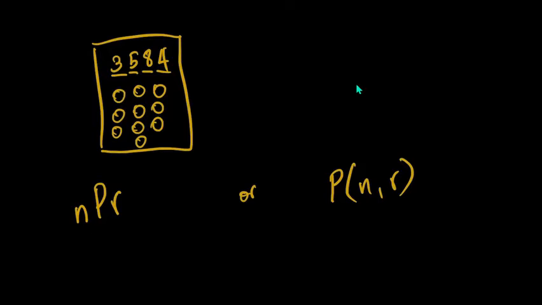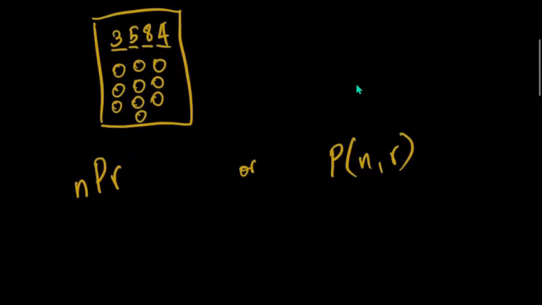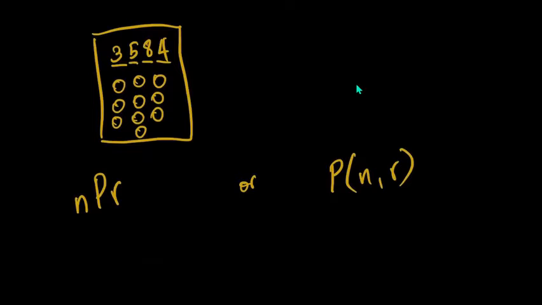So let's say that you have maybe 10 jobs or something, and there are 10 people. Well, in that case, you would be assigning those 10 people to those 10 jobs in a particular way. That would be a permutation.